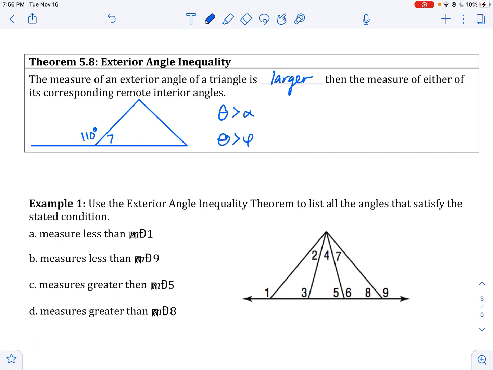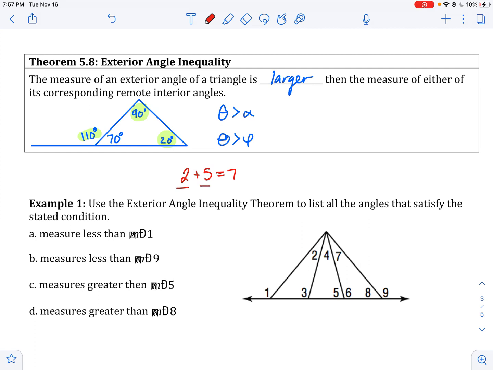Well, this would be 70 degrees, and maybe this is 90, and that's 20. No matter what it is, because these two must add up to make 110, you could think of 2 plus 5 equals 7.